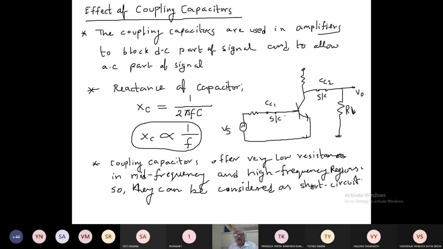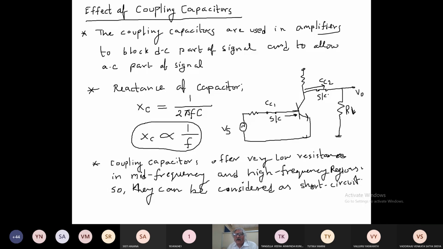As a whole, all the voltage enters inside the transistor, and this transistor will amplify that signal due to its amplification property. Then whatever amplified output is generated by this transistor again passes through coupling capacitor number 2.